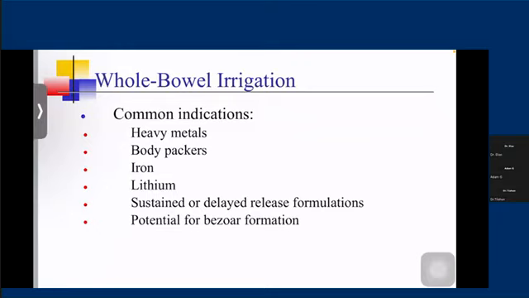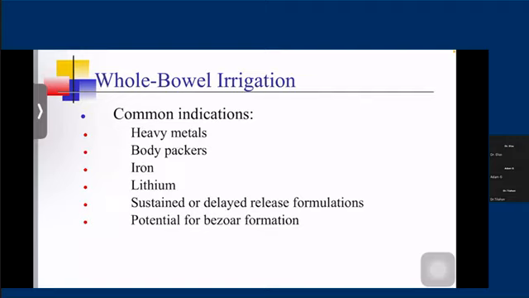If we try to remove the packs by endoscopy or by surgery, the chance of perforating the pack is very high. And if we perforate, the chance of the patient dying from this poisonous agent is very high. So usually we just irrigate the bowel, wait for the patient to defecate via the rectum, and that's how we treat those patients.